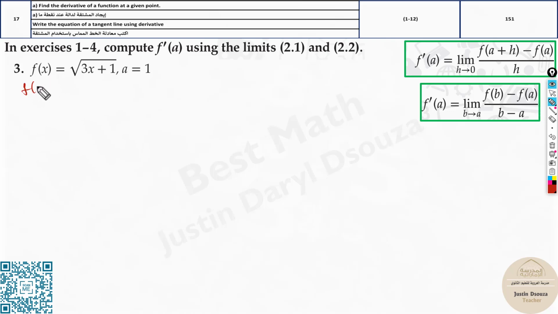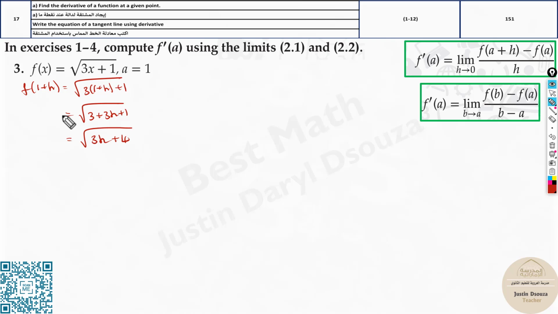First one over here will have a plus h, but a is given as 1. So it's 1 plus h. Over here we will get x is 1 plus h plus 1. And that's it. So let's try to simplify this here itself. It will be square root of 3 plus 3h plus 1, and that will make it, I'll write 3h first and then plus 4.